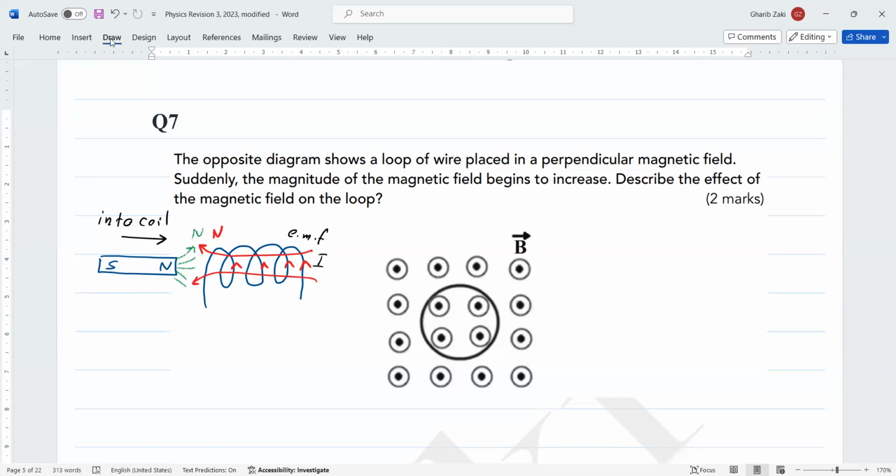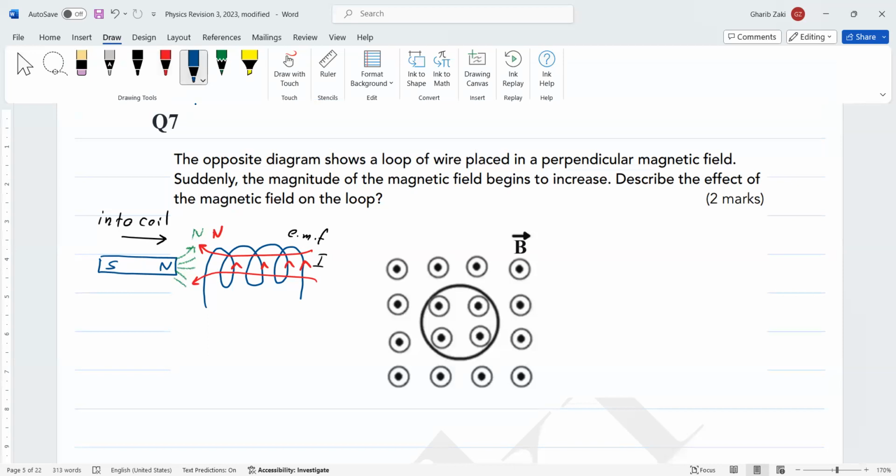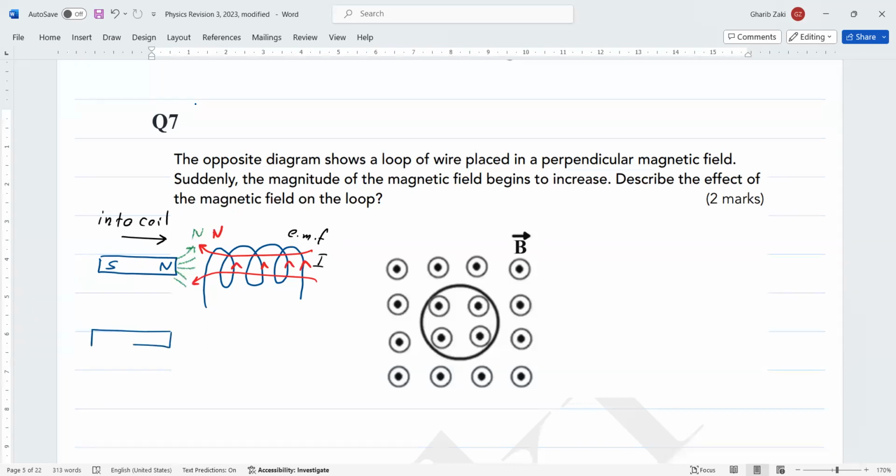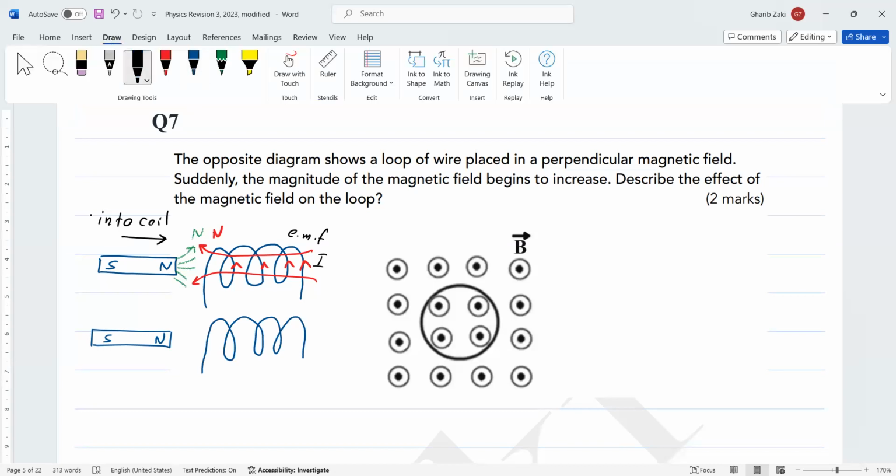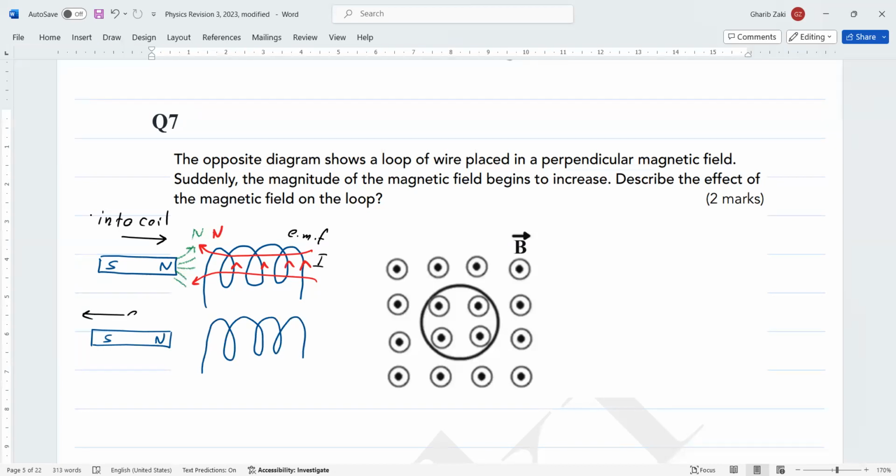Now, what happens if the magnet moves away? So this is N and this is S, and this is, of course, the coil here, moving away. Also, EMF is induced. Lenz's law relates to the movement. If we have a change in flux, movement, EMF is induced in the coil, but in the opposite direction to the first case.